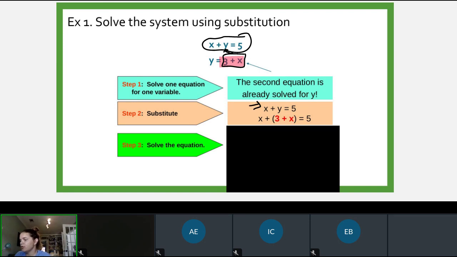So this was my original equation, x plus y equals 5. Now, I'm going to pretend like I'm not allowed to use y. So I have to think of something else. Oh, well, y is the same thing as 3 plus x. So instead of putting a y, I'm going to plug in 3 plus x because they are the same.